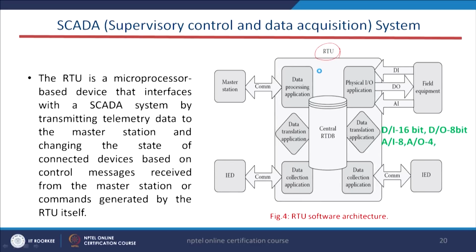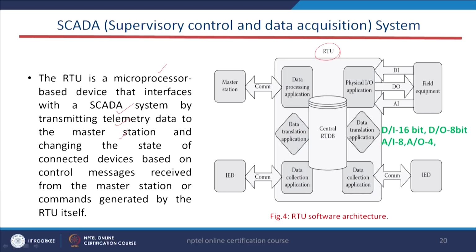The main function is to gather the data from the field equipment and send it to the master station. And before going to the detailed functions, what is this RTU? It is a microprocessor-based device that interfaces with the SCADA system by transmitting the telemetry data to the master station.